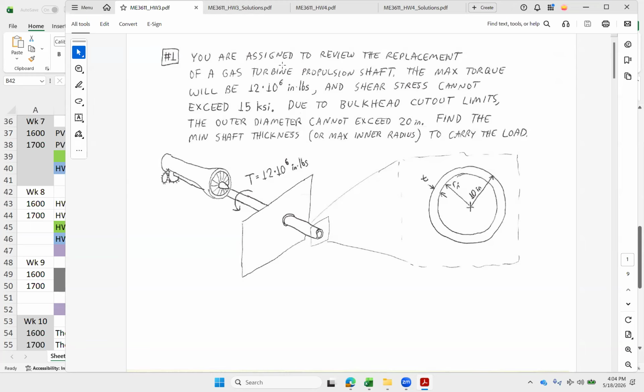So we're pretty much capped at a 10-inch outer radius for the shaft. And we want to find the minimum shaft thickness, or what's the biggest we can make the inner radius in order to carry the load. The thinner we make it, the less expensive it's going to be, and also the less it's going to weigh. So it's kind of an optimization problem where we've got a limit on the stress.